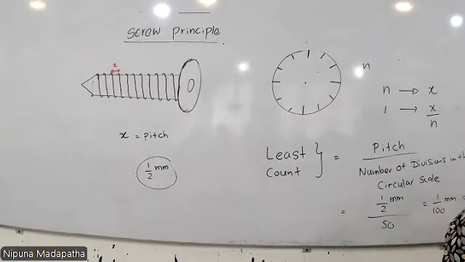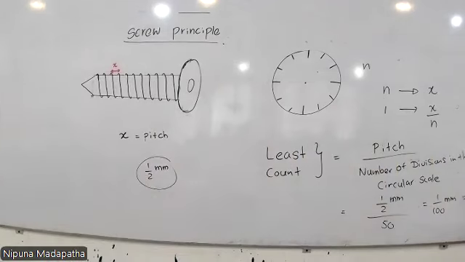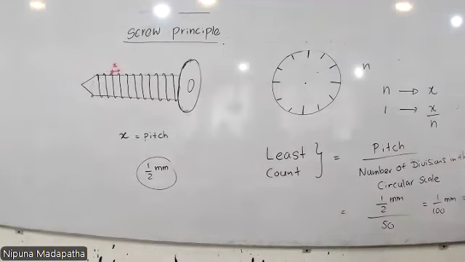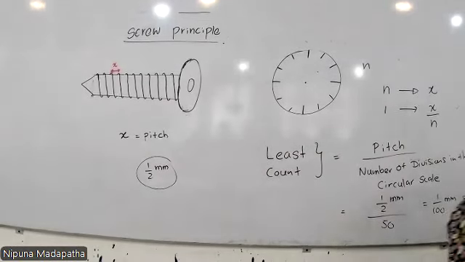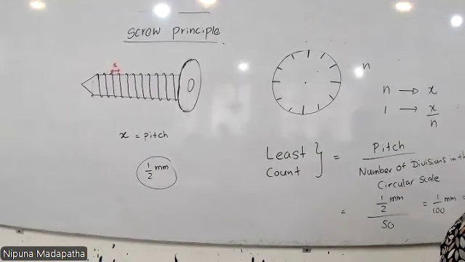Screw principle. Screw principle is another principle we use to measure small length.